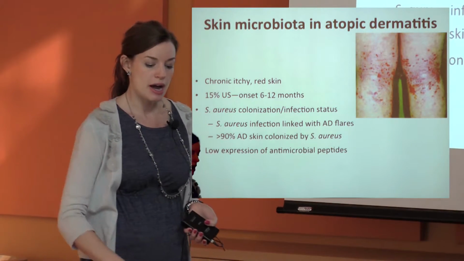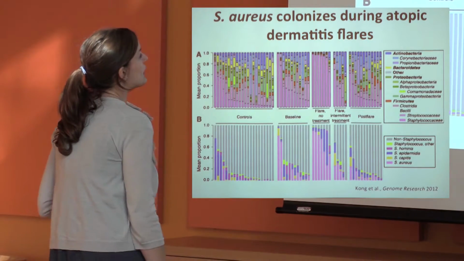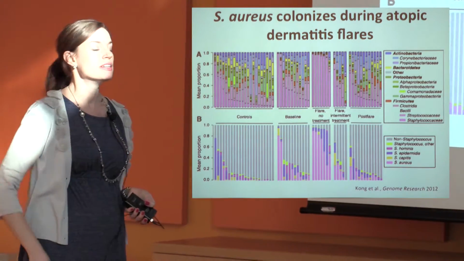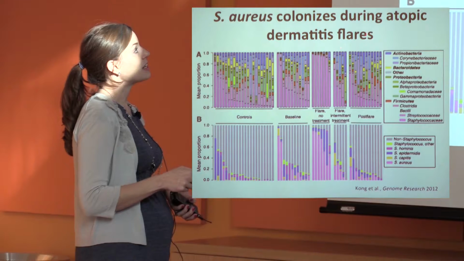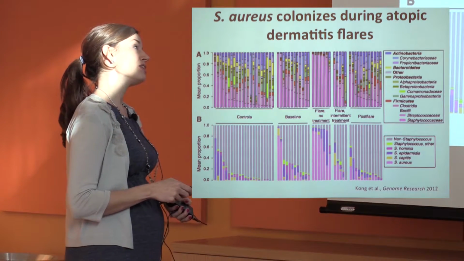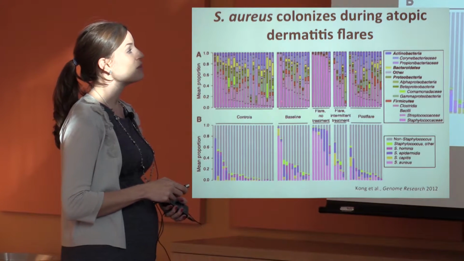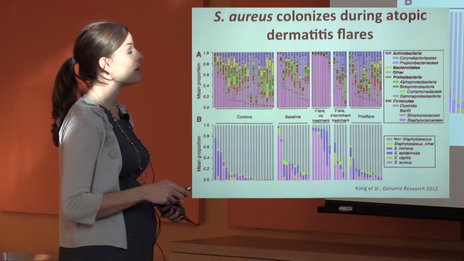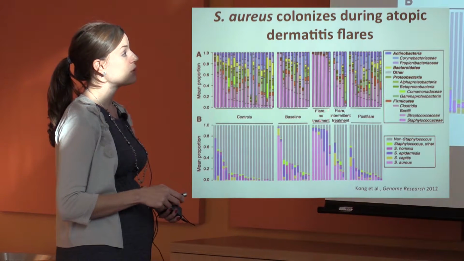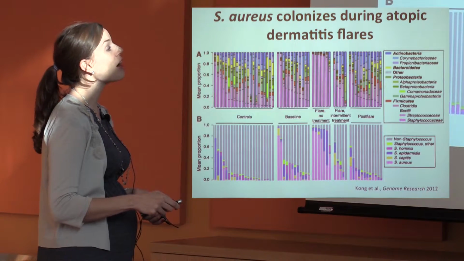So we wanted to look at the dynamics of Staph aureus colonization during these flares that occur. So we looked at controls, and then we looked at people with atopic dermatitis before they had a flare, those that had flares but no treatment, those that got treatment, and then after the flare resolved.